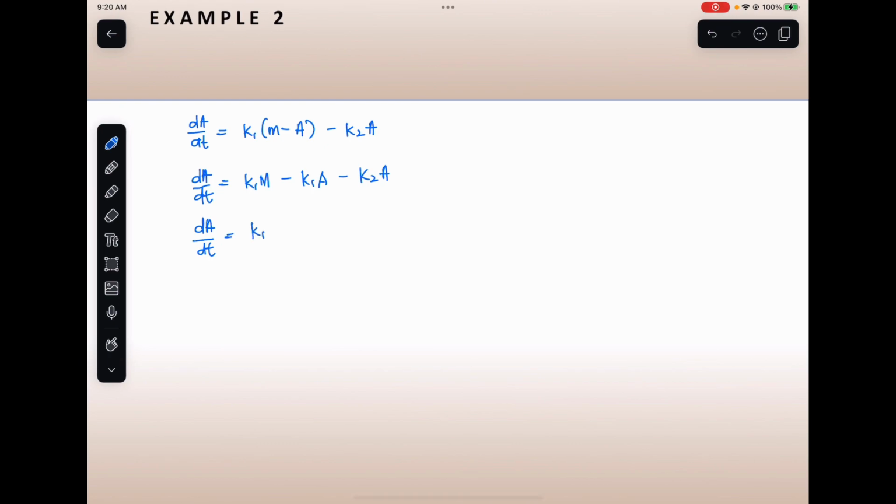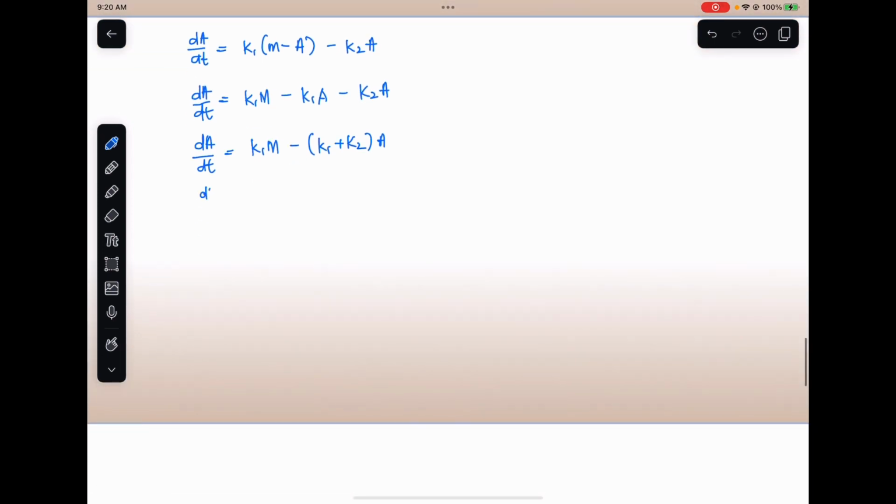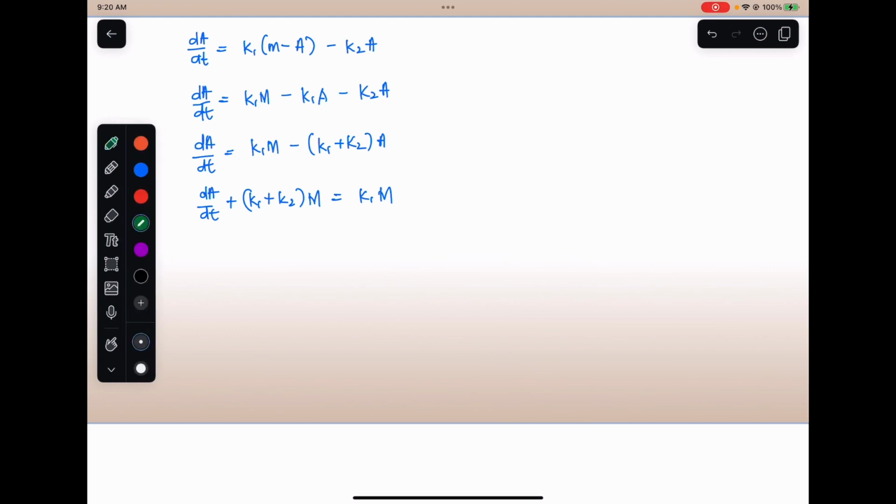That is K1M, and I can factor out negative A, so this one will become negative (K1 plus K2). Now I'll transpose, so dA over dt plus (K1 plus K2) times A will be equal to K1 times M.